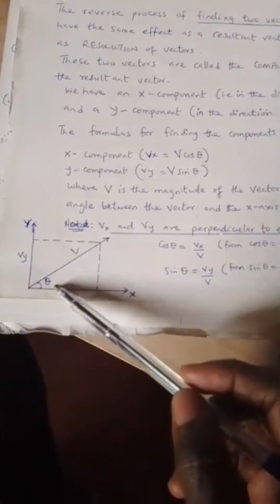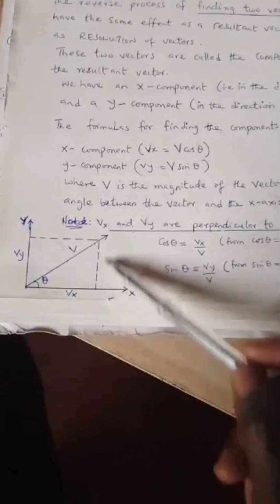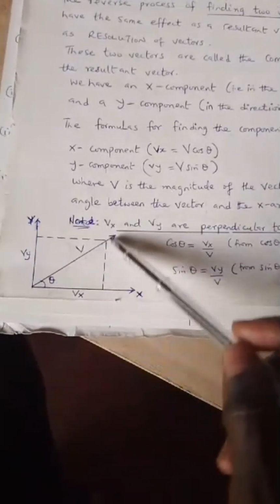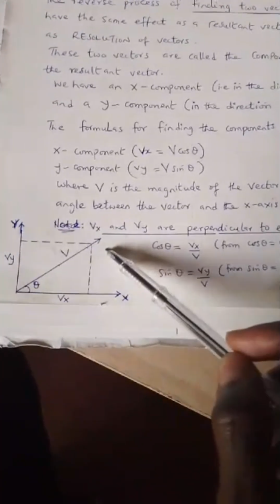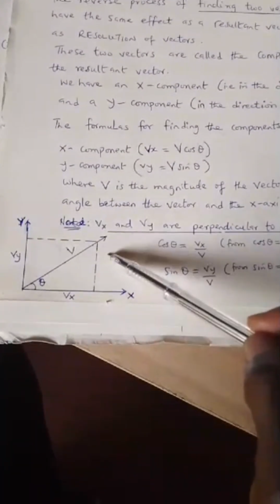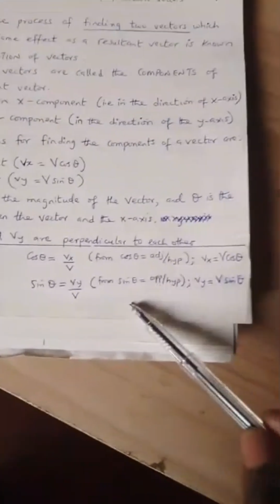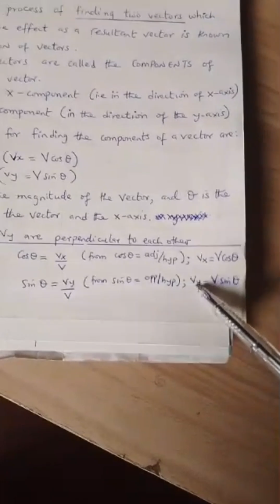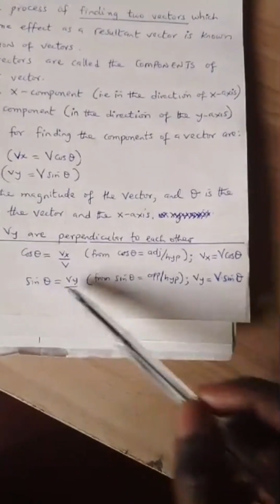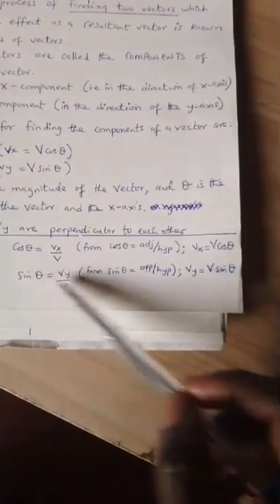For Vy, sin theta is equal to opposite over hypotenuse. Looking at this perpendicular, okay, this is from sin theta, opposite. This side is opposite and equal to Vy, so we're taking it as Vy over V. So from sin theta equals opposite over hypotenuse, we have Vy over V. If we cross multiply, V comes here and multiplies sin theta.